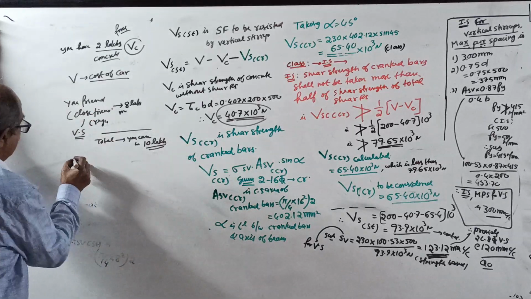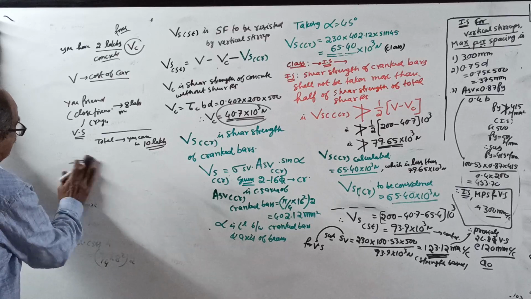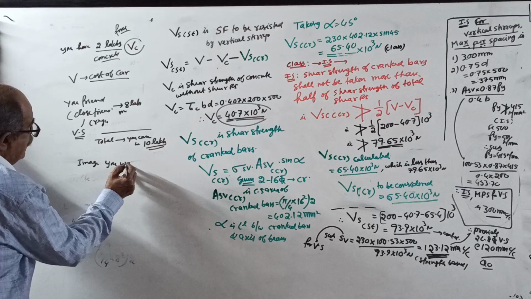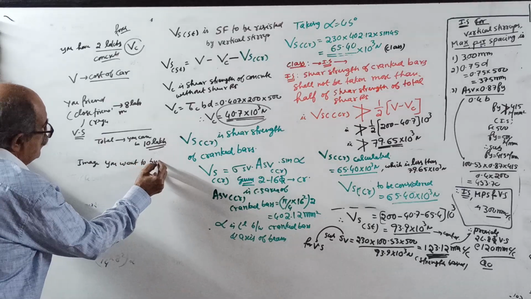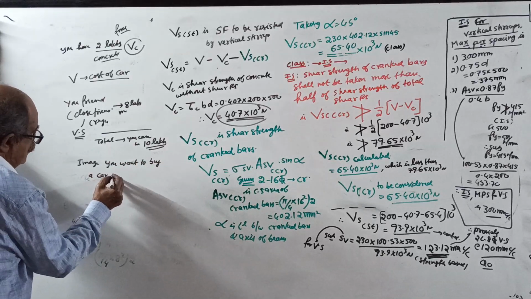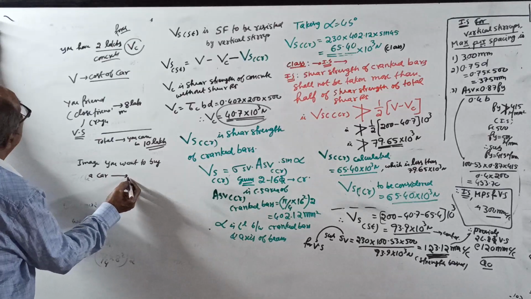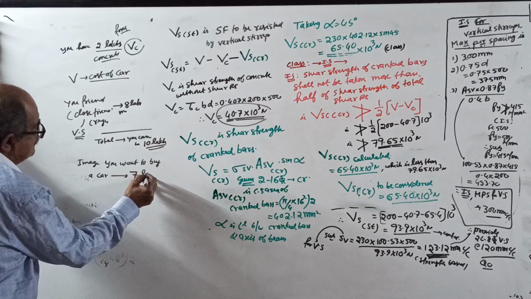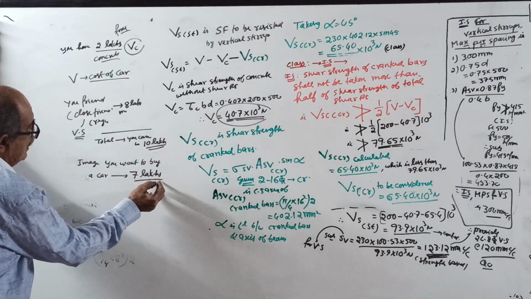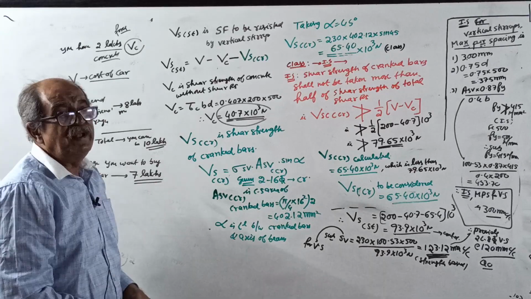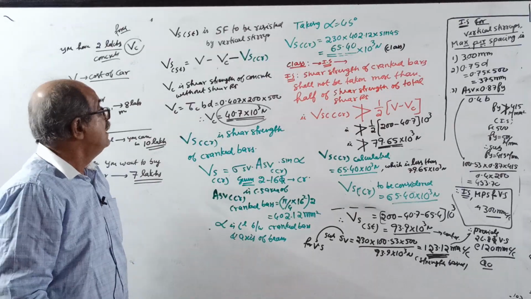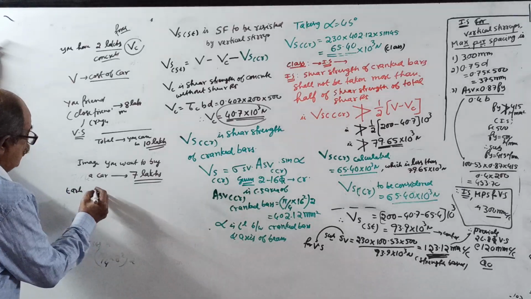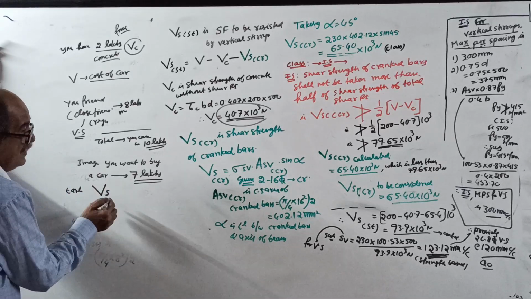Now in this case, imagine you want to buy a car which will cost 7 lakhs. Now, in earlier cases, how much is the VS, that is stirrup?